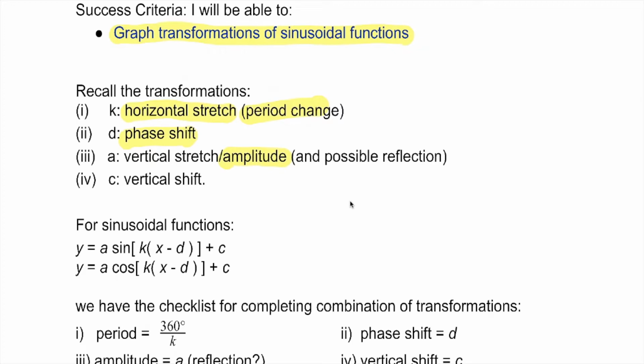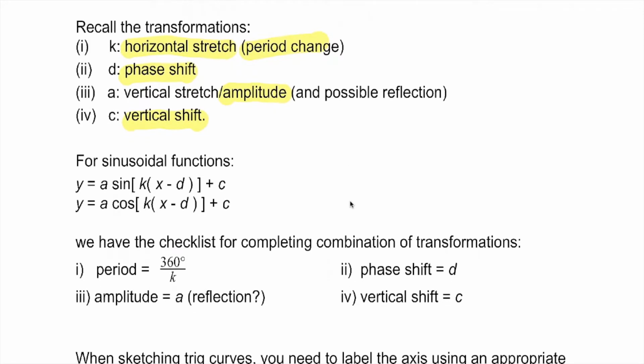In other words, we're adding something outside our function, and this defines our vertical shift, up and down. In sinusoidal functions, although it's not written here, we know that it's going to affect our equation of axes.